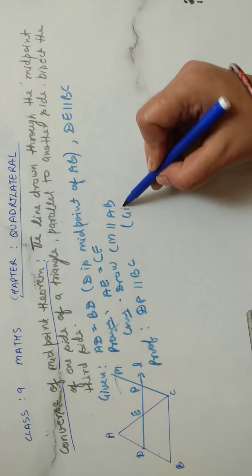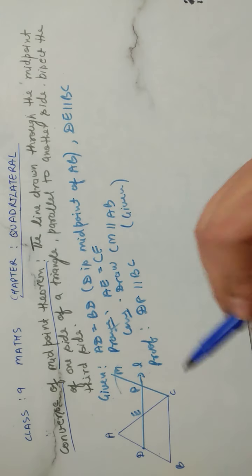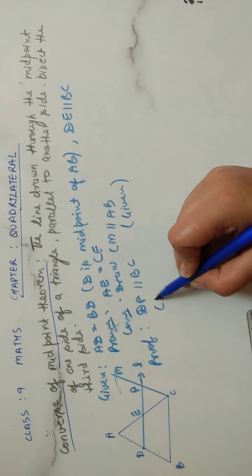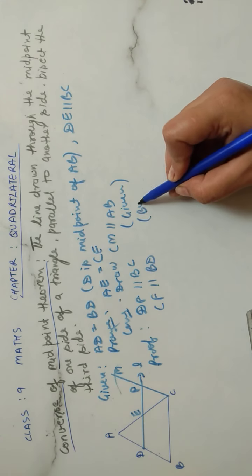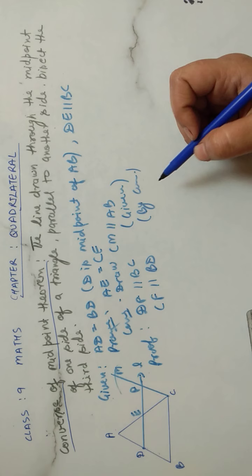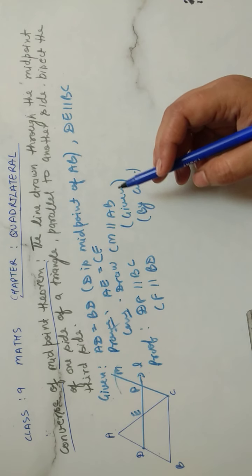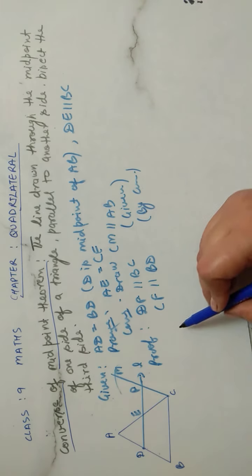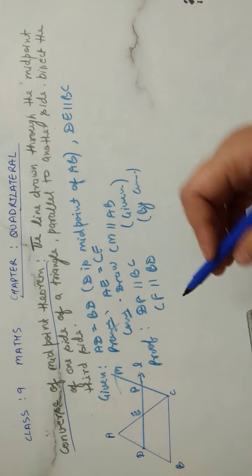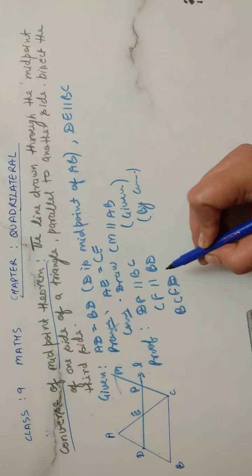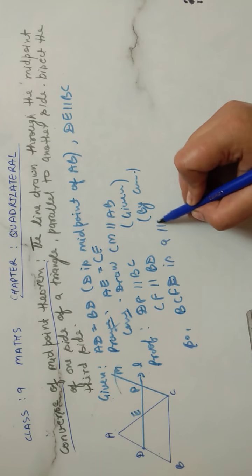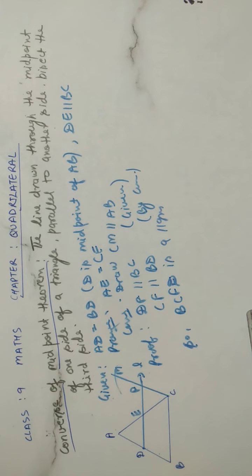Next, CF is parallel to BD, and the reason is by construction. From these two we conclude that BCFD is a parallelogram, because both pairs of opposite sides are parallel.